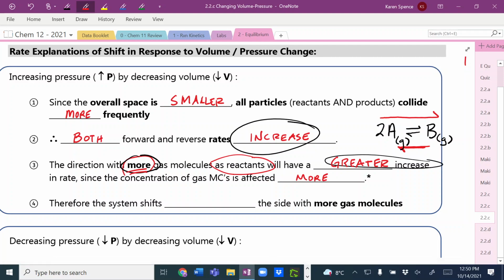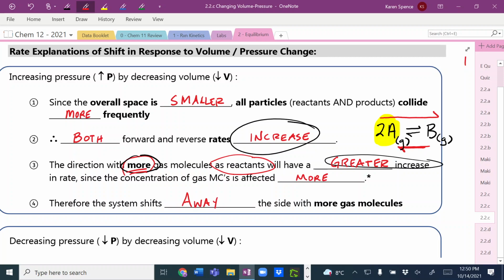And so are we shifting towards or away from the more gas molecules side? We're shifting away from the side with more gas molecules. The rate explanation is tricky, which is why we're going to head on into Le Chatelier very soon, okay?